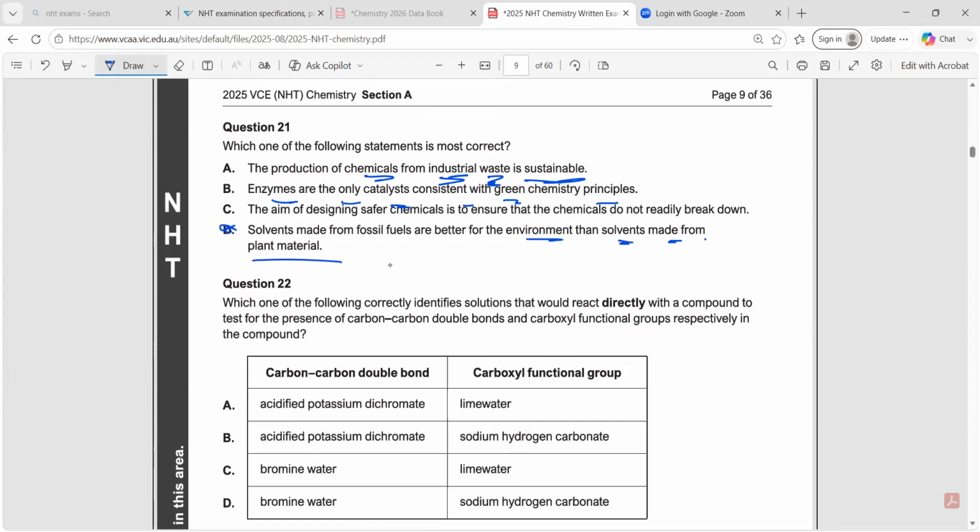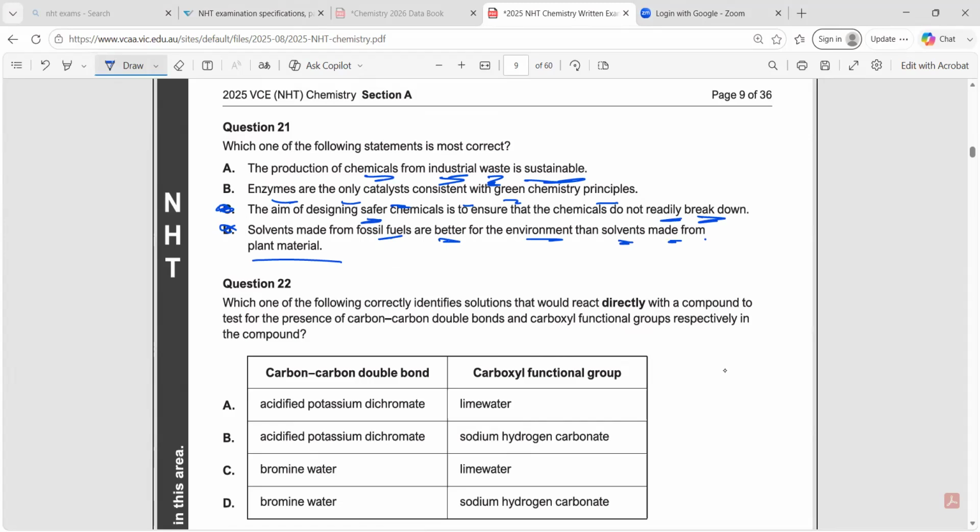Well, that's obviously wrong. You should straight away notice that they're saying fossil fuels are better, which would never be true. The aim of designing safer chemicals is to ensure that the chemicals do not readily break down. Not necessarily, right? Safety and efficiency of the chemicals themselves are very unrelated.